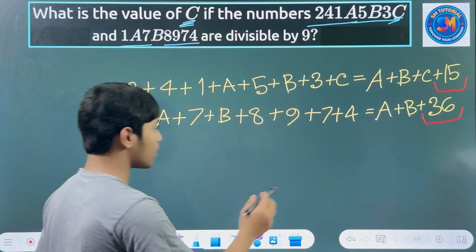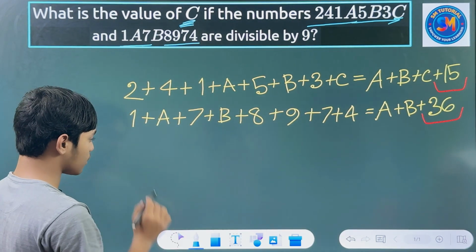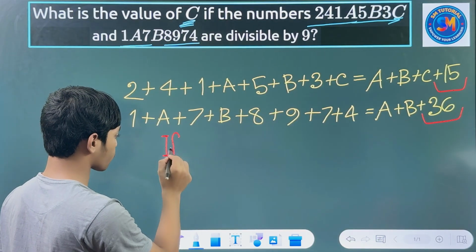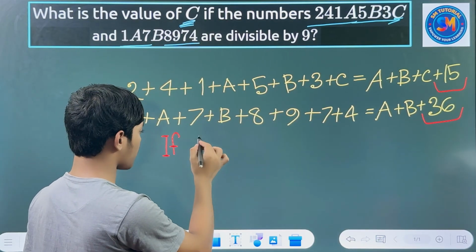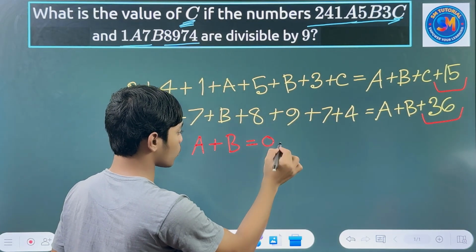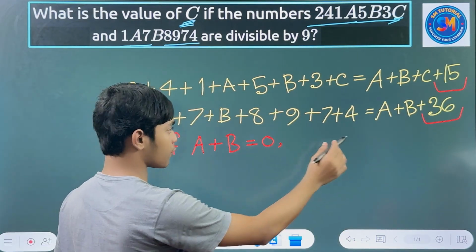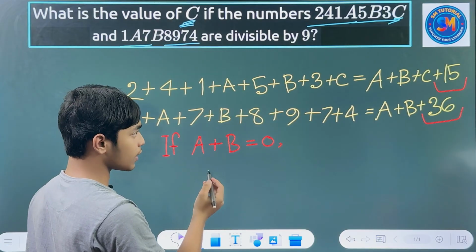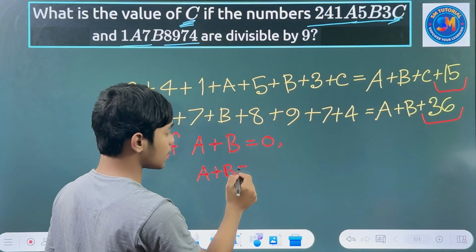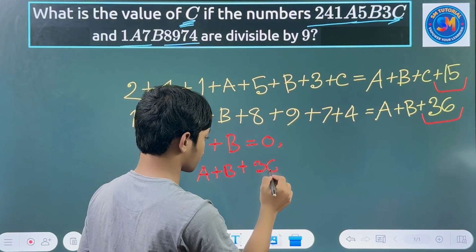So, first, if a plus b equals 0, will this equation work? If we write it here for this equation, you will get a plus b plus 36.